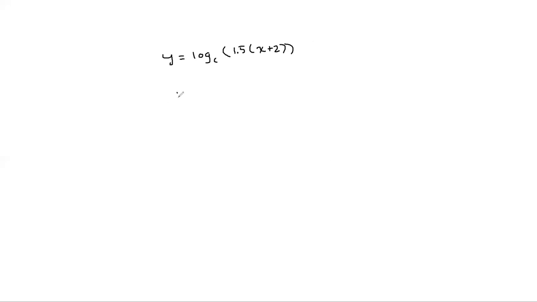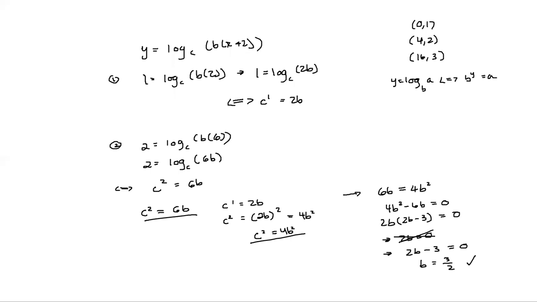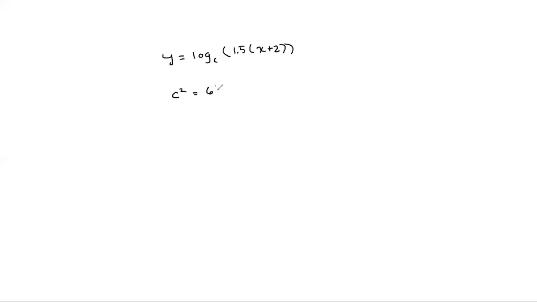So we knew that c squared is equal to 6b. Given that c squared is equal to 6b, that means 6 times 1.5, or 3 over 2.